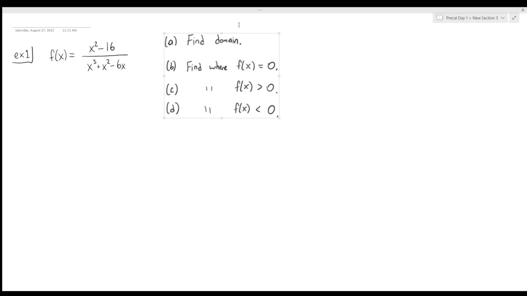For rational functions, the domain is not always going to be all real numbers, so we'll need to be a little bit more careful with that one. I'm also going to add a little bit more to this. With rational functions, there's also kind of like an easy way of finding the horizontal and the vertical asymptotes. So I think I want to touch on that as well.